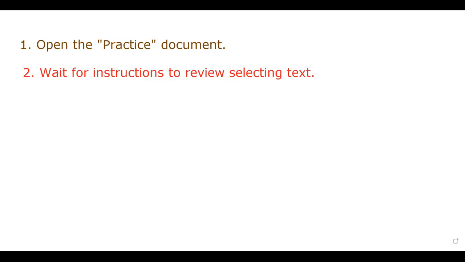And you're going to select that paragraph one line at a time. You have your handout, use your handout. No shame in using your handout. One line at a time.